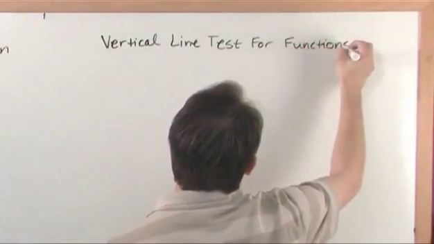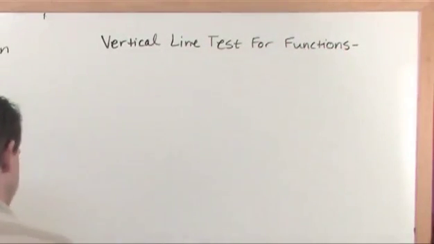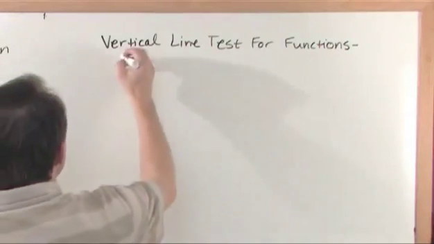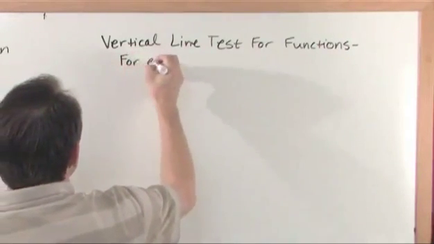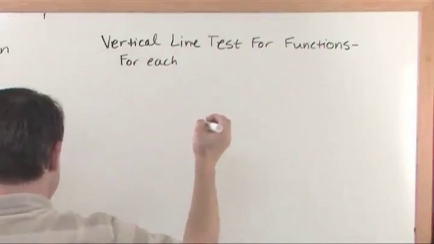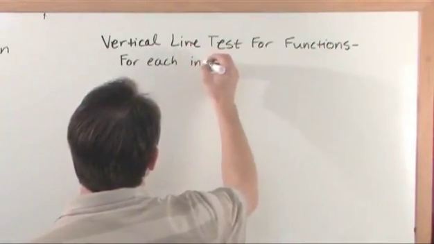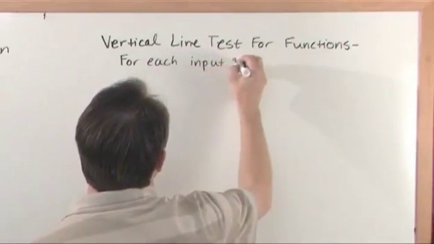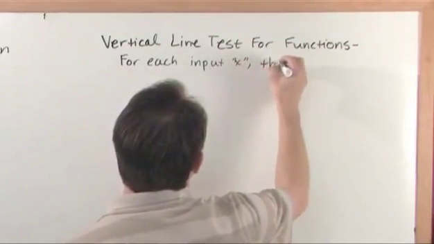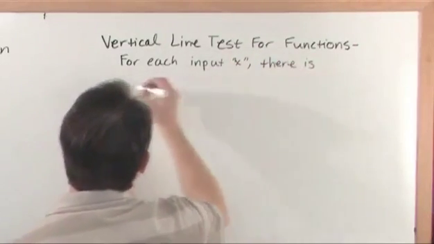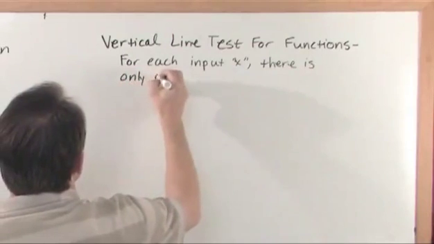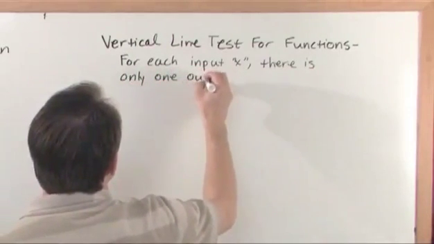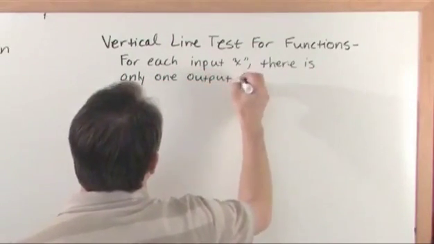Okay? What this really says is that for each input x to the function, there is only one output, f of x.